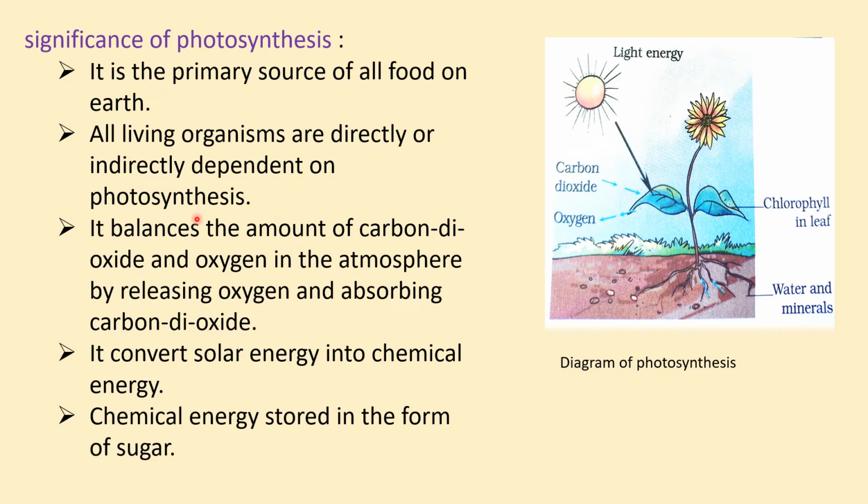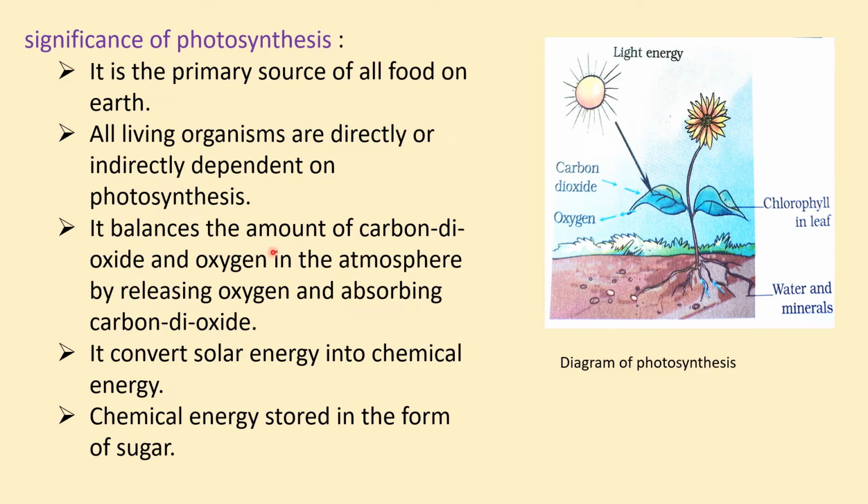Indirectly the tigers are dependent on the plants. How? Because the tiger needs goats and goats need plants for eating. That means it depends on the process of photosynthesis by which the plants prepare their food. As they store the food, it is eaten by the goats, and goats are eaten by the tigers. So all the organisms, whether herbivores, carnivores or omnivores, are dependent on this process, photosynthesis.